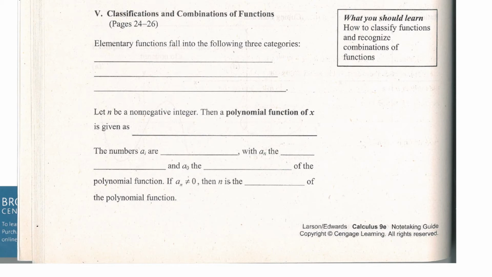Now, what's so nice about memorizing what the shape of a particular type of equation is that transforming it in different ways becomes very, very simple, because you can just start adding or subtracting elements to that equation. For example, if you want to move something to the right, we're talking about the graph of something, whether it's absolute value or sine or a linear equation or a parabola, whatever.